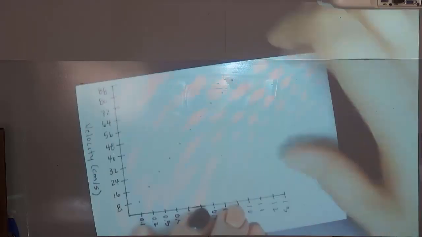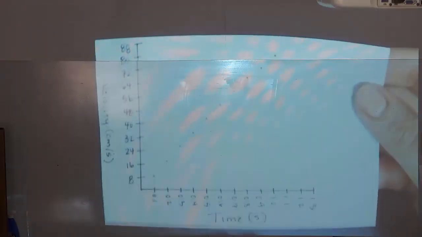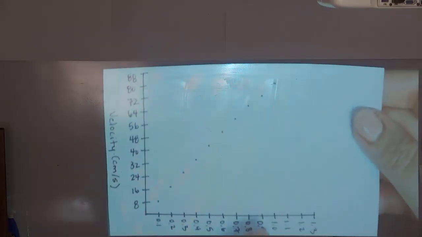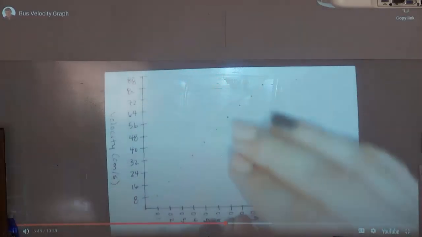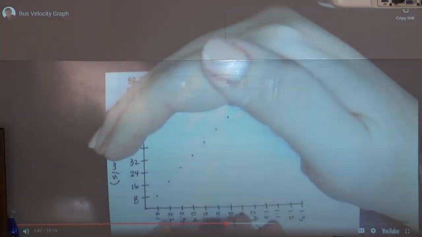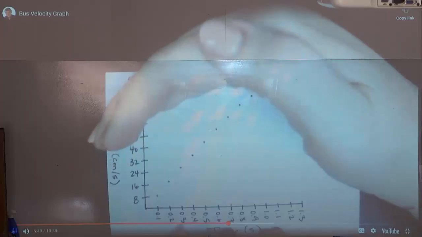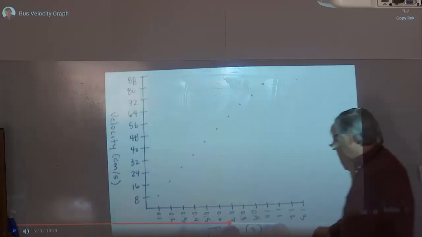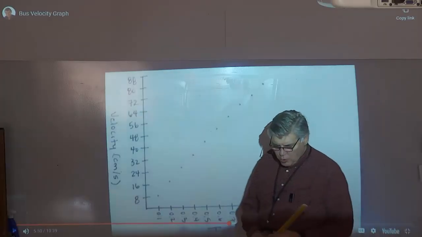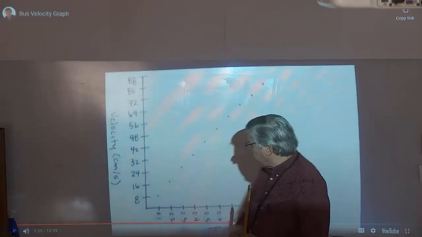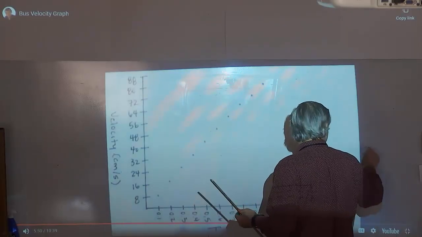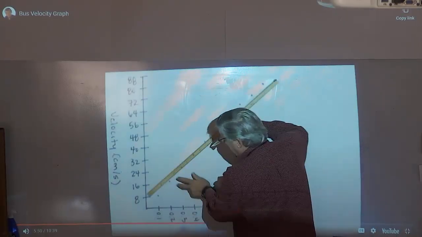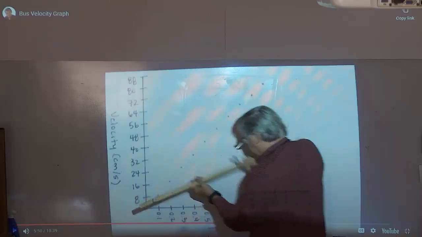Alright, once you have your points drawn, again, I'm going to see lines on my graph paper. Okay, I'm going to pause it here. So when we're done with doing our graph, we're going to do a best fit line. Our best fit line should actually be in the same color.